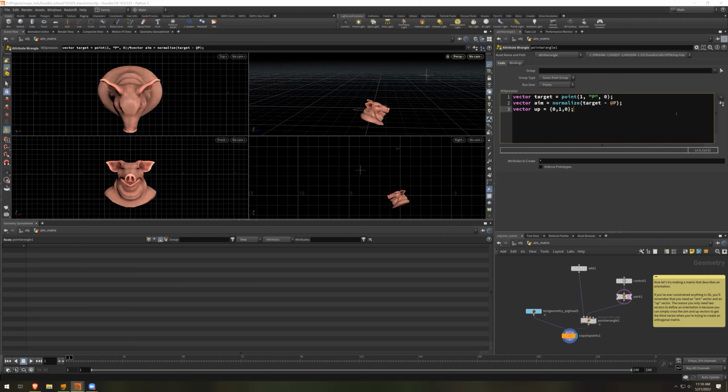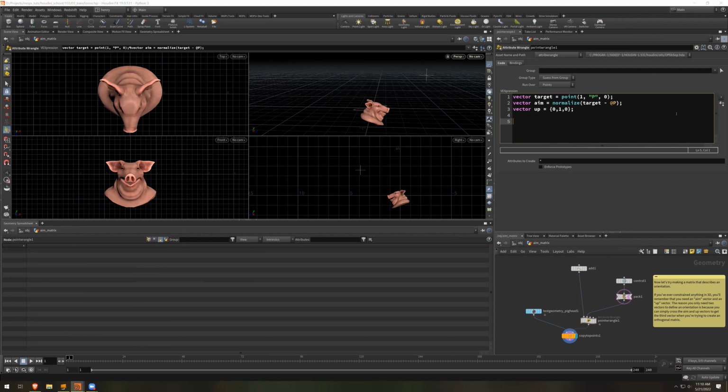So with these 2 vectors, we're almost there. We don't quite have a full matrix stack because we need 3 vectors, right? And when you're describing an orientation for something, generally speaking, you want that matrix to be orthogonal. That means that you're going to get a stable orientation, something that's not going to jitter and flip a bunch.